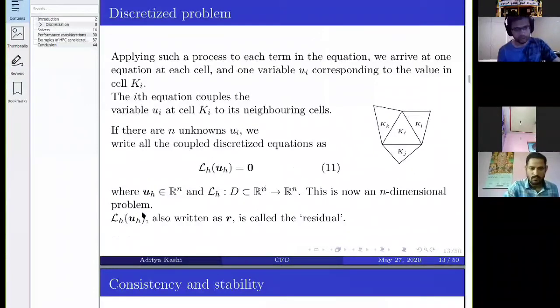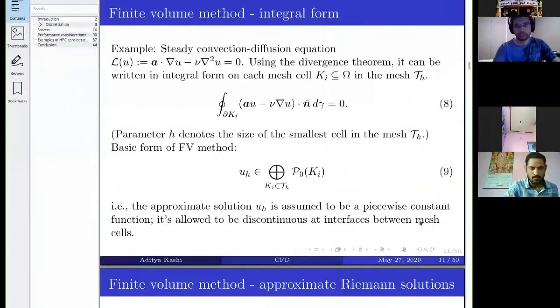So we denote the discretized residual, once we apply the numerical flux and everything, as LH, because we discretized it on a mesh described by H. The approximate problem that we want to solve is given by LH of UH equals 0, which is related to the original problem L of U equals 0 by the fact that we discretized it.